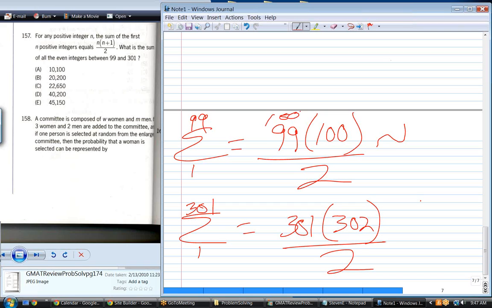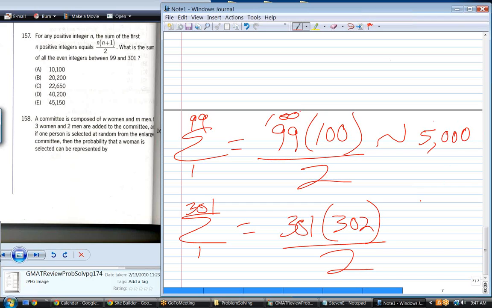And now I have 100 times 100, which is 10,000, divided by 2 is 5,000. So let's just approximate it by that. Now 300 times 300. Okay, but that's all the integers, remember.